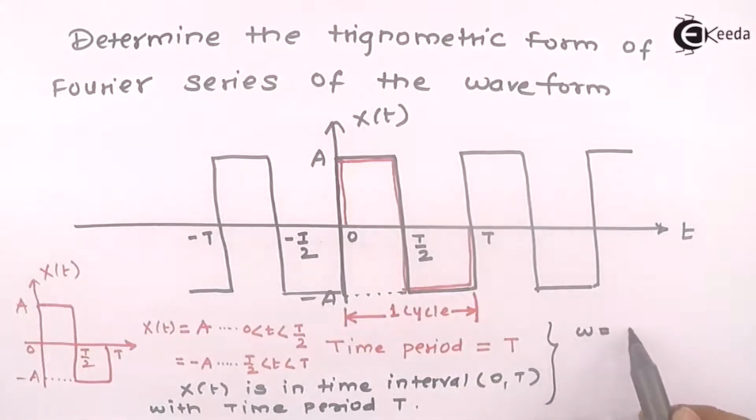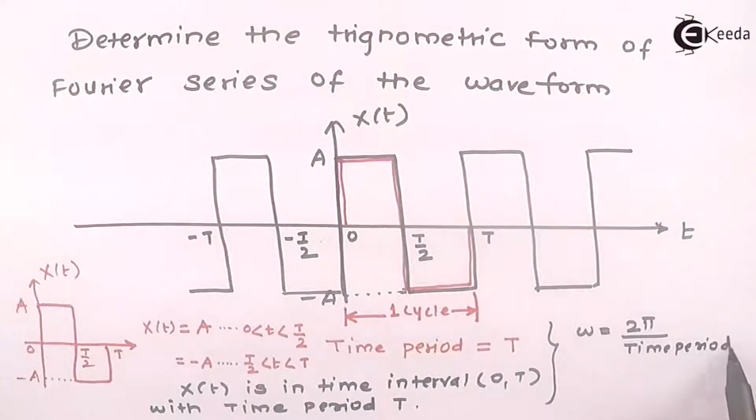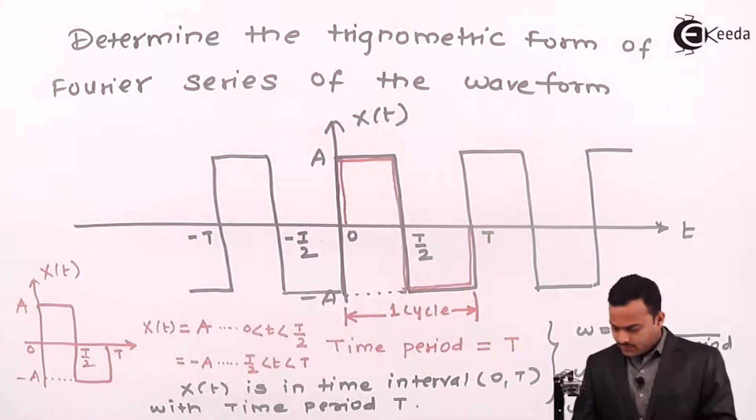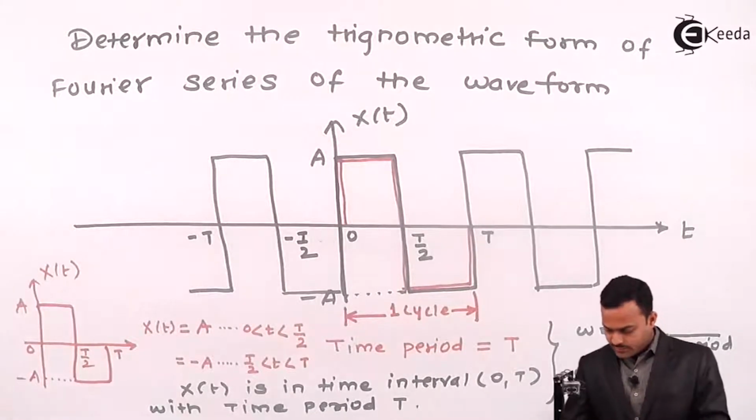Omega is 2 pi divided by the time period, and since the time period over here is capital T, omega is 2 pi by T. So wherever omega is there, we will replace it with 2 pi by T. In the end, if I multiply, I will get omega T as 2 pi. Sometimes we deal with omega T, so omega T is 2 pi in this case, which we have to keep in mind.